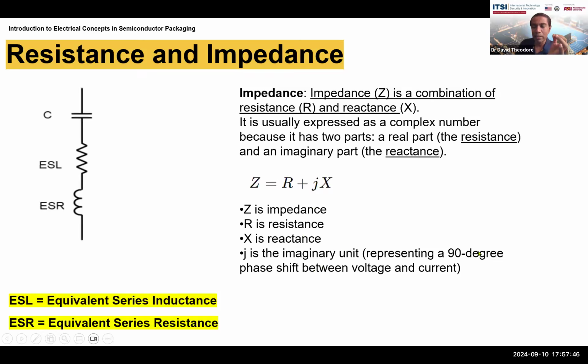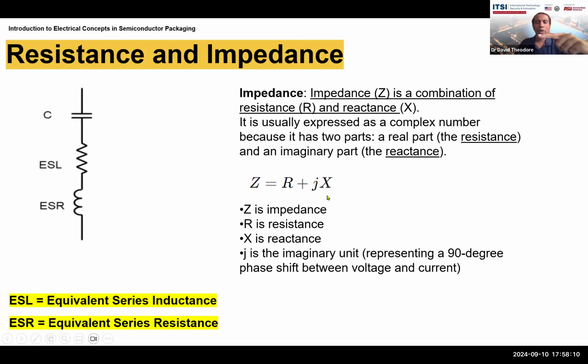It represents a 90-degree phase shift between the voltage and the current. If you didn't have the reactance part, Z would be just equal to the resistance. So if the current is trying to travel in this direction, the resistance is basically pushing back in the same direction.